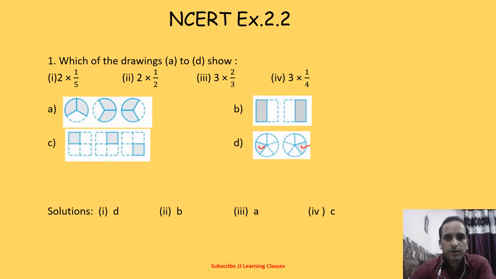So we have the 3 whole figures, and then we have 1/4 in each part, so 3 times 1 by 4. So the answer for the fourth part is C here. So basically you need to focus on the given fraction and which part is shaded or selected here. You need to identify that. That is the basic concept you need to understand in this question number 1.